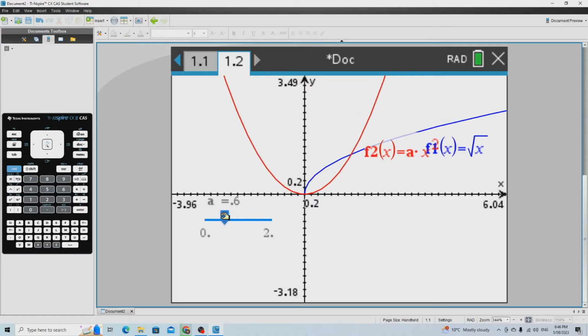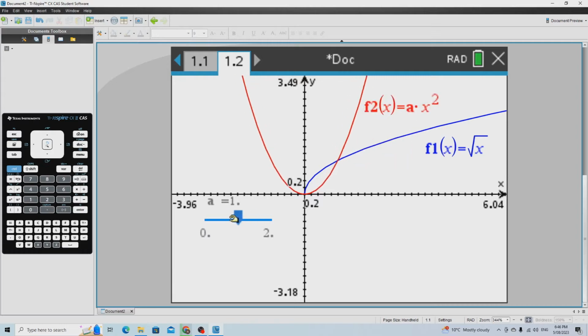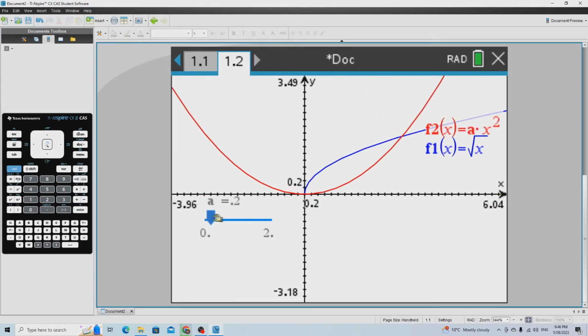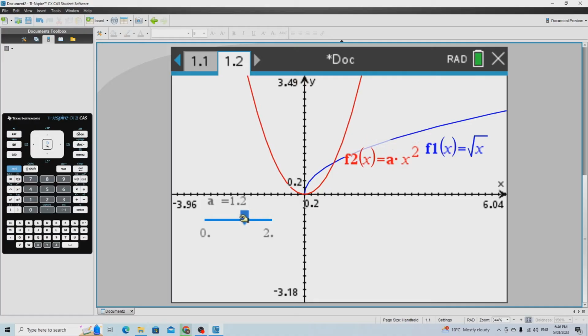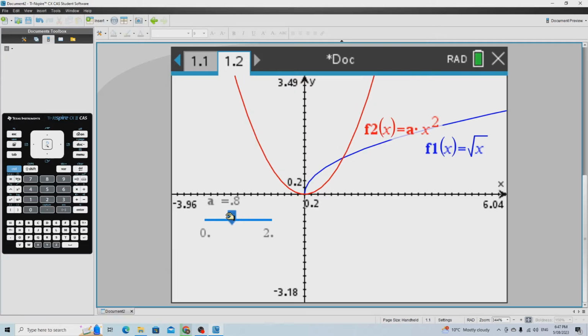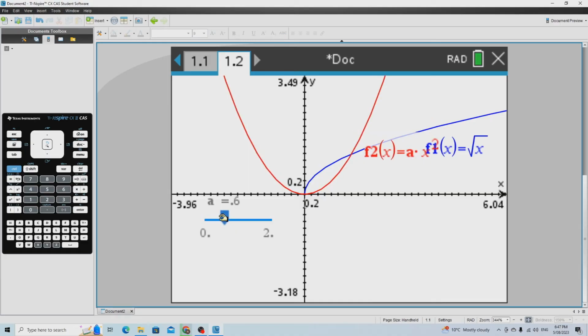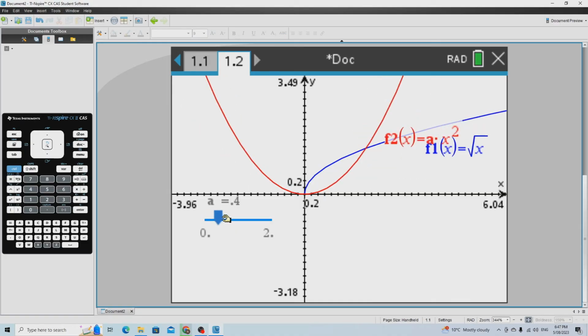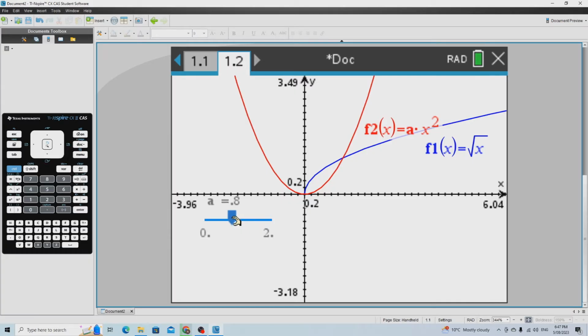So if we decrease a little bit, we can see it's increasing the area. Okay, so a equals 1, that is 1/3. Then we get a little bit bigger. Wouldn't the area just increase? Wait. Root x, no, x squared, between x equals 0 and x equals a.